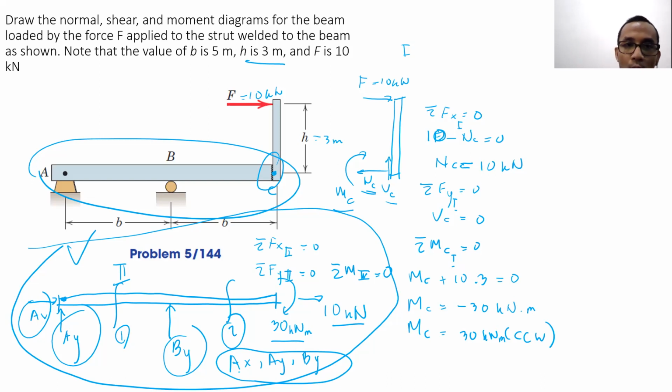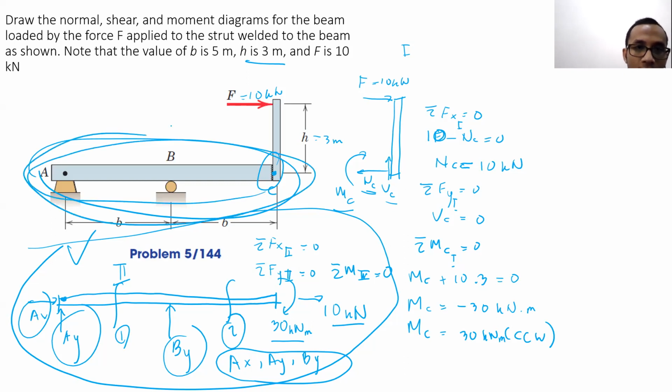But this is the way to handle it if we have to find out the external force first by creating another free body diagram, because the force there is not directly at the beam. Here the force is happening at the strut welded to the beam. So we have to move it to the beam first, then solve the problem.